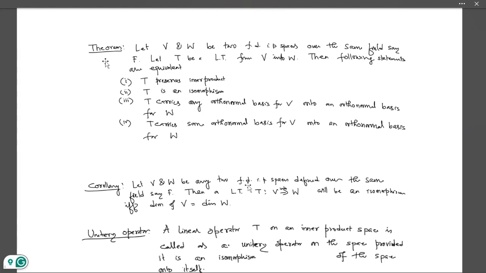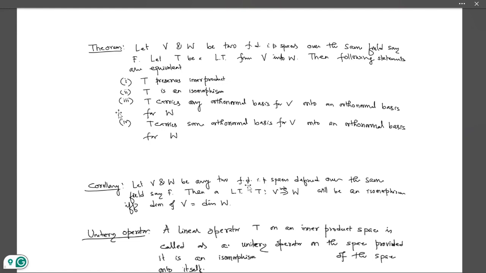Let V and W be finite dimensional inner product spaces over the same field F, and T a linear transformation from V to W. Then the following statements are equivalent: T preserves the inner product; T is an isomorphism; T carries an orthonormal basis to an orthonormal basis.